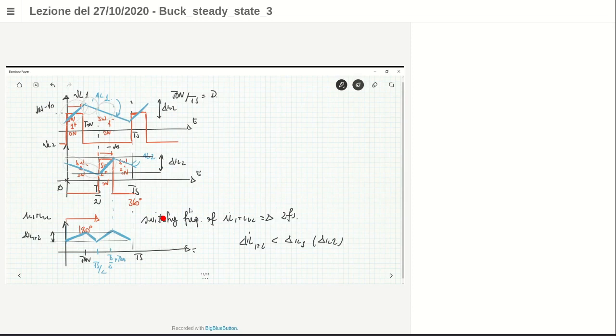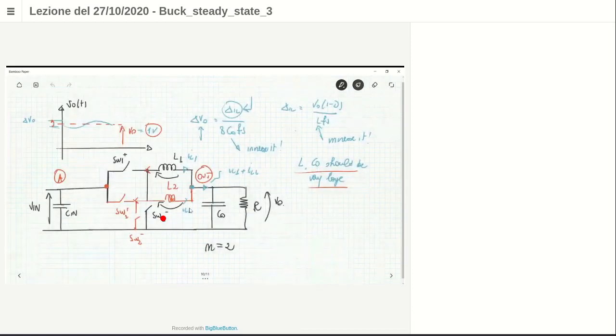So in that situation, with the same inductance as before, we can get a ripple which is less, simply because you drive this circuit with a frequency which is 2 times the frequency you had before. So that means that, for example, delta I is less due to this, and also delta V, of course.